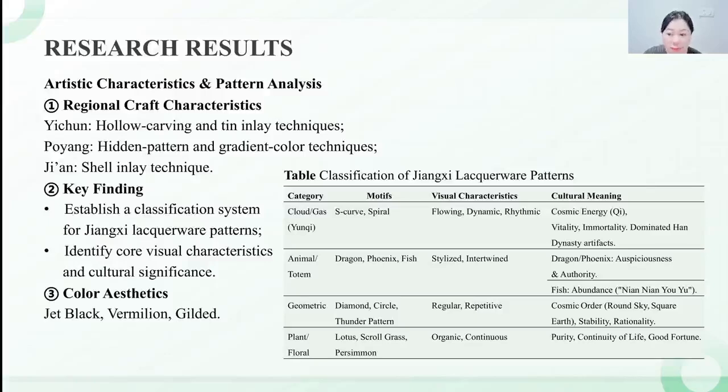It further established classification themes for Jiangxi Lacquerware patterns and summarized the stylistic characteristics and the cultural connotations of different regions. In addition, the study identified a color system of Jiangxi Lacquerware characterized by jet black, vermilion, mellow yellow, and gilded elements.